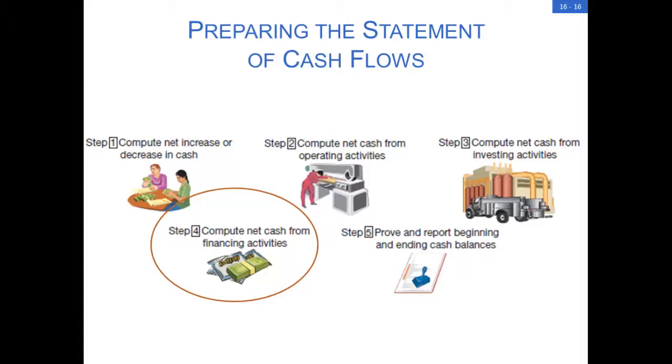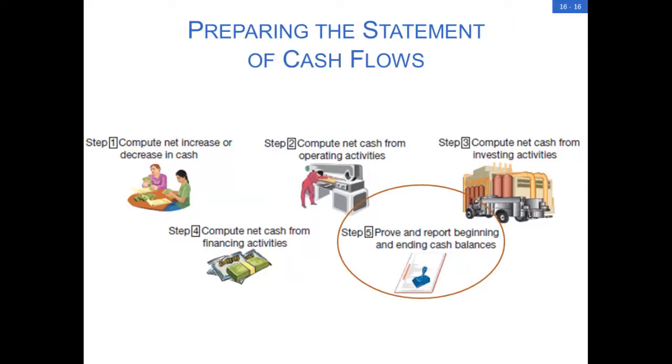And finally, compute the net cash flows by combining the net cash provided or used by operating, investing, and financing activities, and then add this net cash flows to the beginning cash balance to prove that it equals the ending cash balance. We will follow these steps in the preparation of the statement of cash flows in our example.